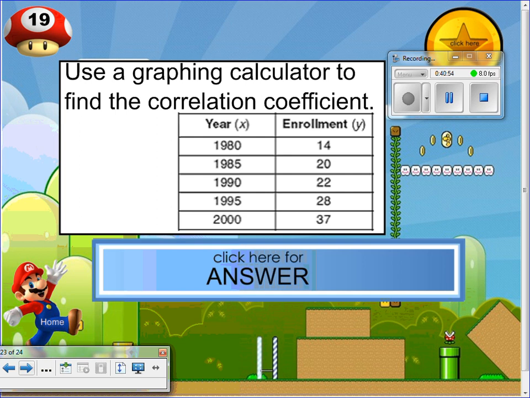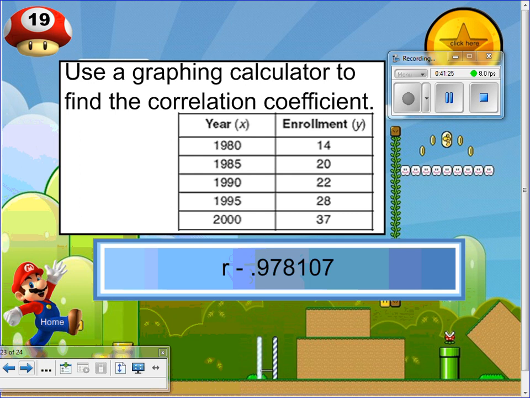Then step 6 would be to press menu. Step 7 would be go down to statistics. Step 8, stat calculations. 9, linear regression, mx plus b. And then 10 would be in x list, type in x, and y list, type in y, and press enter. Then you want R, and R in this case is 0.978.